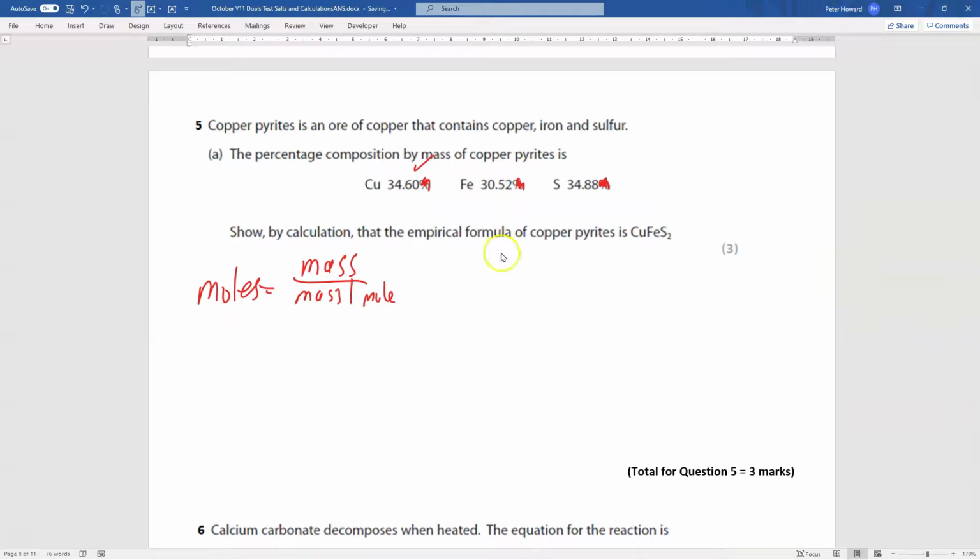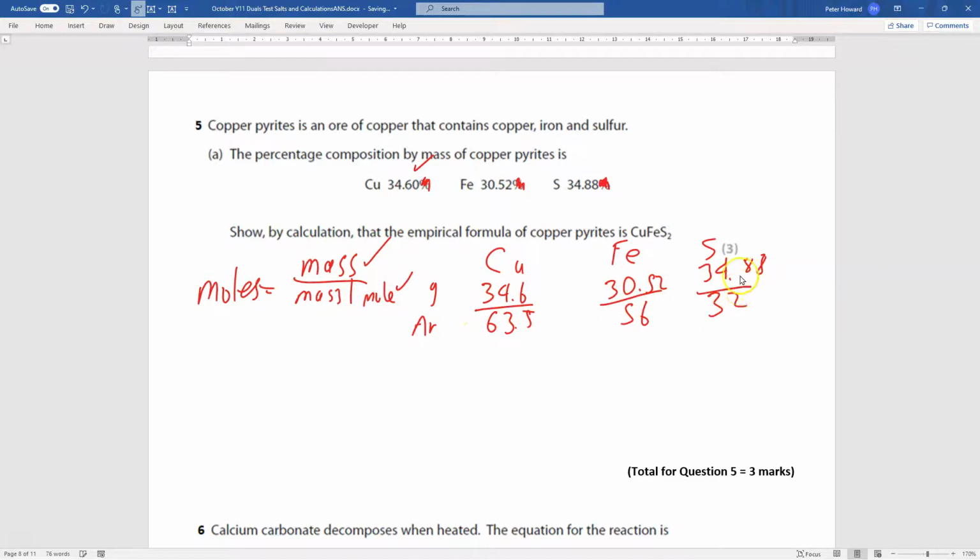So we can do it as a little table. You may remember doing this table: Fe, copper, and sulfur. Mass: 34.6, 30.52, and 34.88. Then we could have Ar, mass of 1 mole: 63.5, 56, and 32. If we do the mass divided by the mass of 1 mole, we'll get the number of moles.